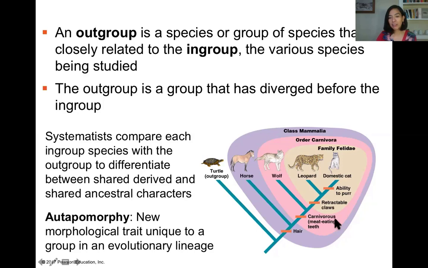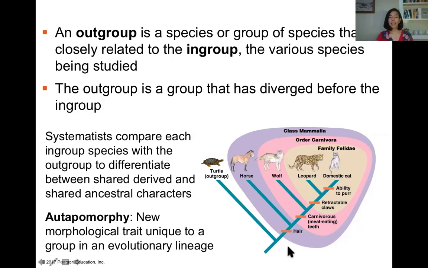So those are carnivorous. And if we look at the leopard and domestic cats, both of them share this feature, which is that they have retractable claws. And if we only look at the domestic cat, this is the only one that is able to purr. So this is the direction in how evolution happened in this case.